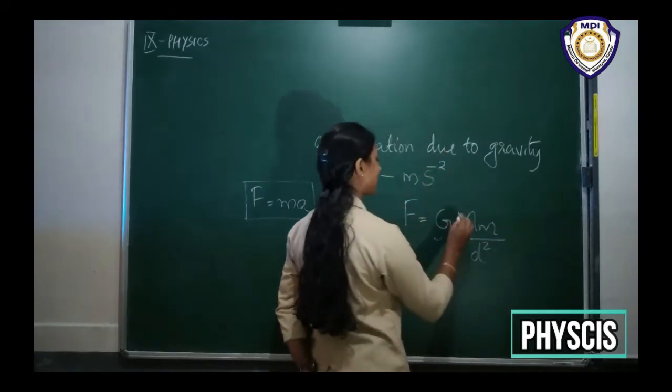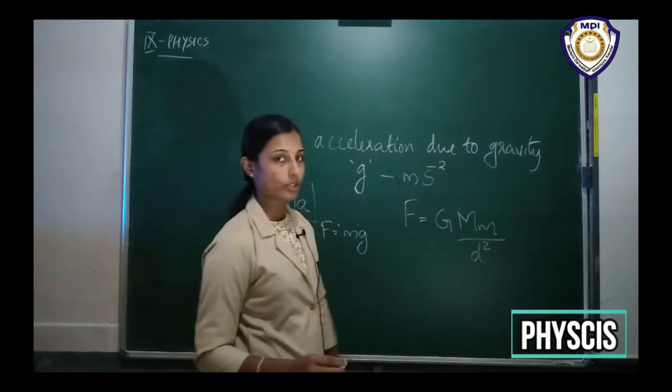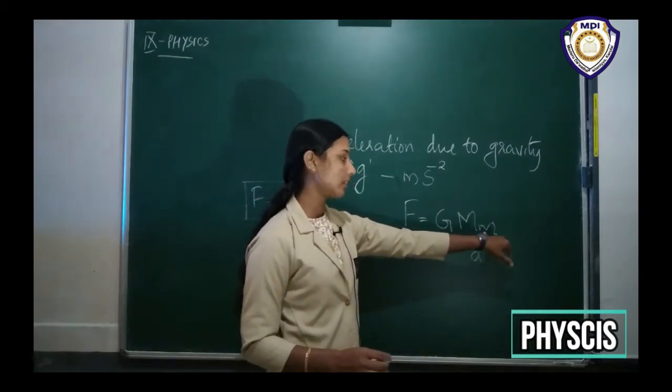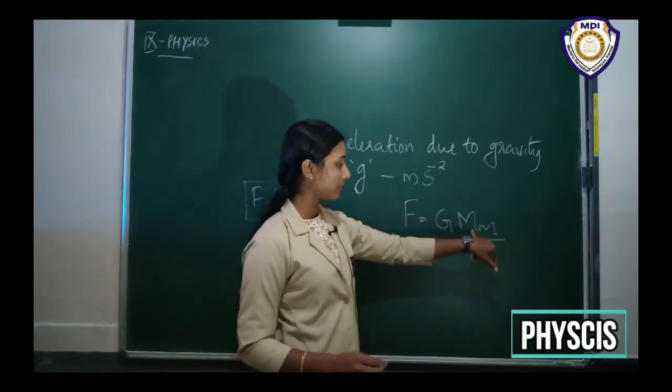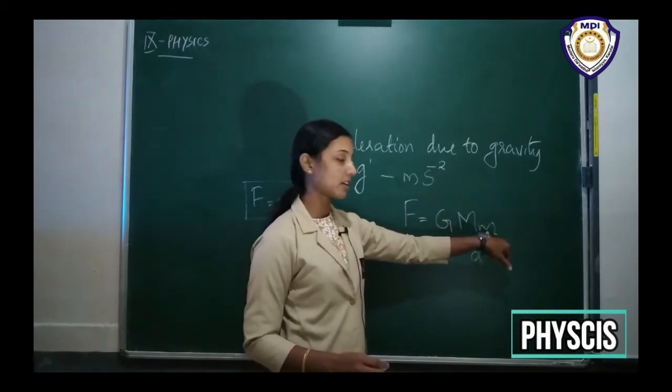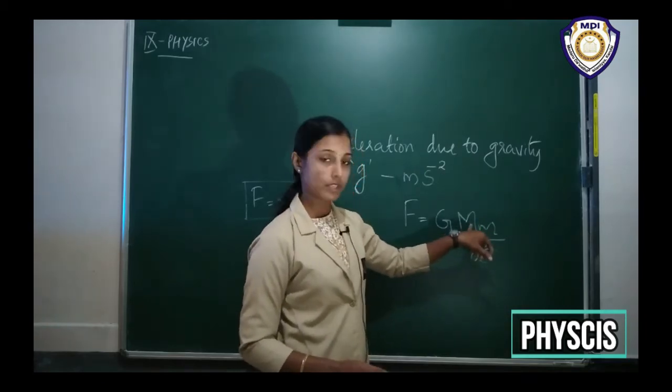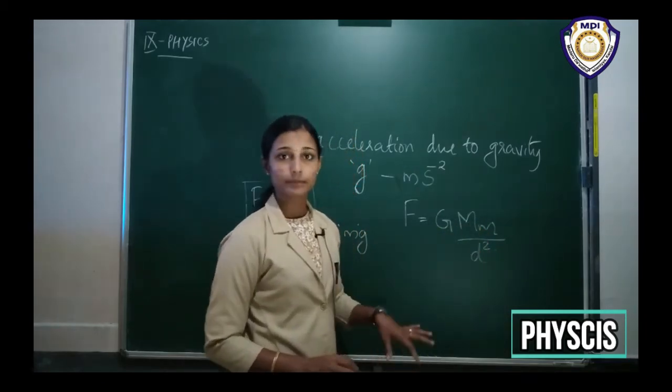So this G is the universal gravitational constant, and this is the mass of one object, and then the mass of another. That means this is the mass of Earth, this is the mass of the object, and this is the distance between the object and the Earth's center, right?